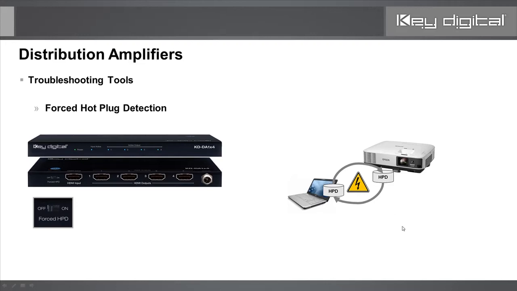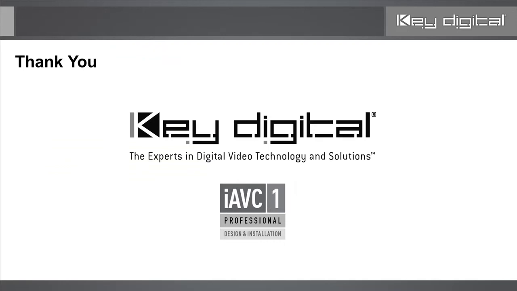However, if you have multiple displays and they're not all providing the hot plug detection voltage as they should, you could run into issues. If you have multiple displays and you have many layers of connectivity, like the distribution amplifier plus HDBaseT extenders and or long cables, you could run into many issues. So you force that hot plug detection switch to the on position and you should be all set.